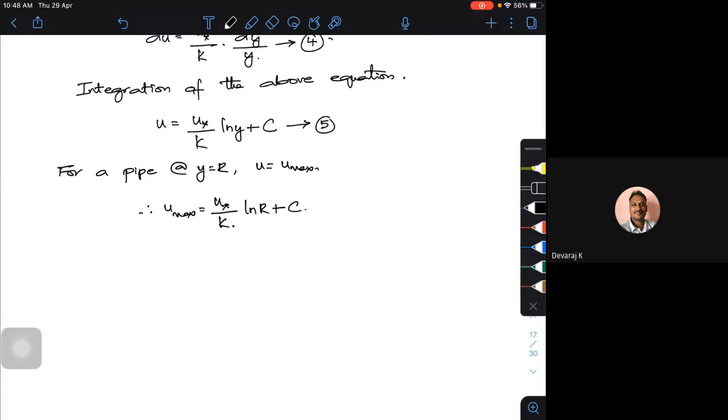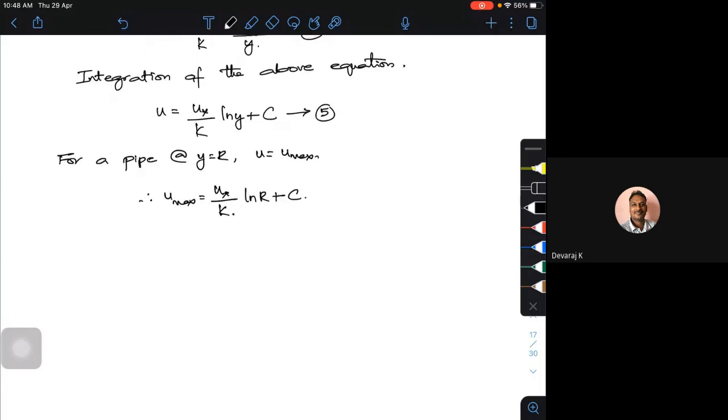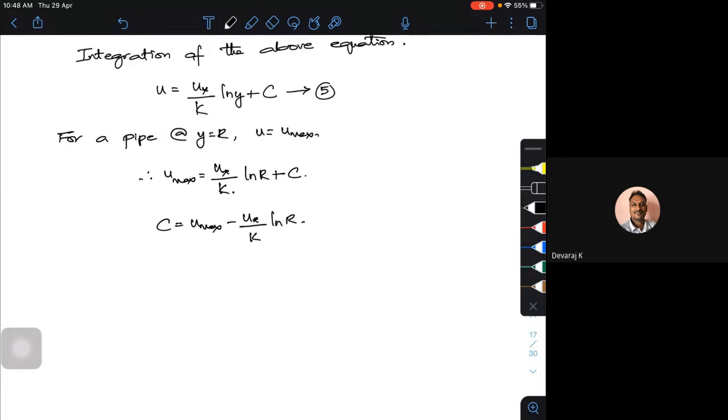So what is your constant actually? Or I can write c is equal to u max minus u star by k into ln of r.